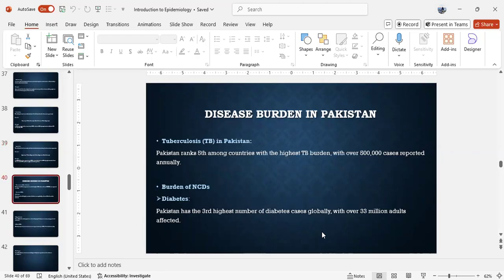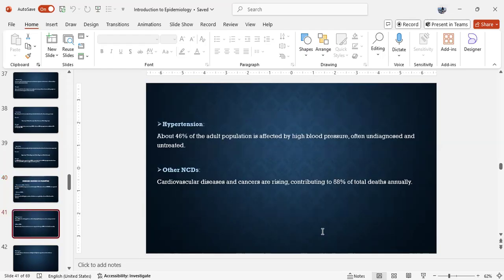Disease burden in Pakistan. Tuberculosis in Pakistan. Pakistan ranks fifth among countries with the highest TB burden, with over 500,000 cases reported annually. Burden of non-communicable diseases. Diabetes. Pakistan has the third highest number of diabetes cases globally, with over 33 million adults affected. Hypertension.